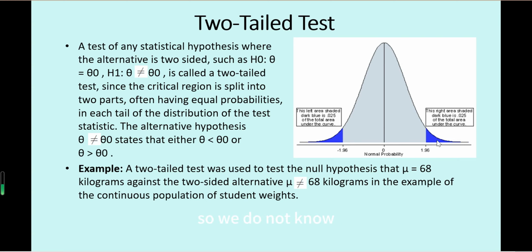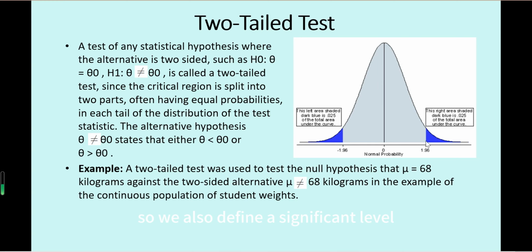We do not know before the test whether the result will be larger than H0 or smaller, so we just test whether it is equal to theta 0 or not.